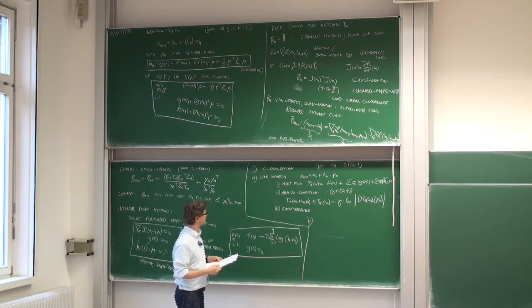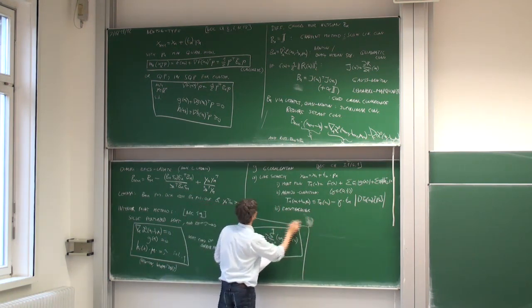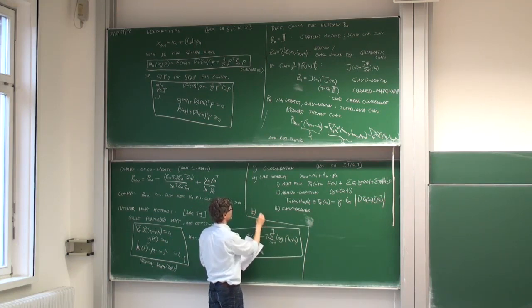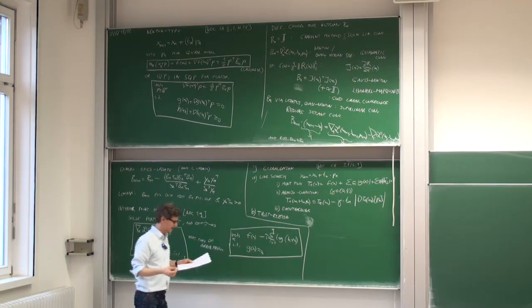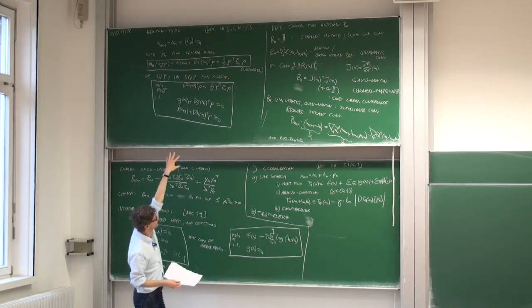The second way to globalize was based on trust region methods. And the trust region methods were characterized by adding a constraint to our subproblem.